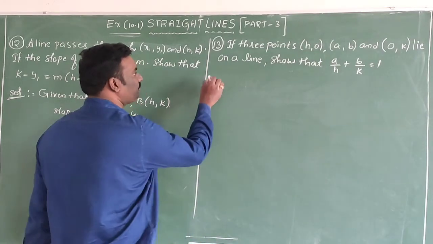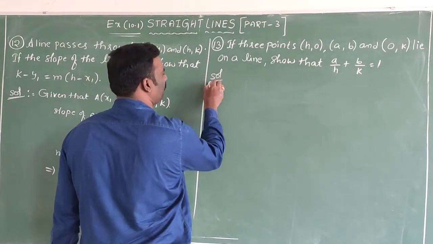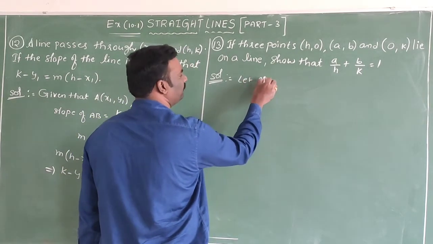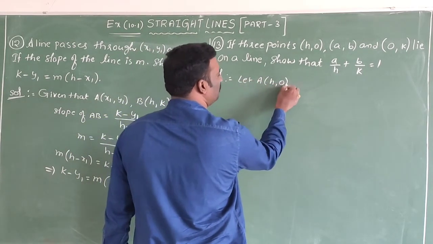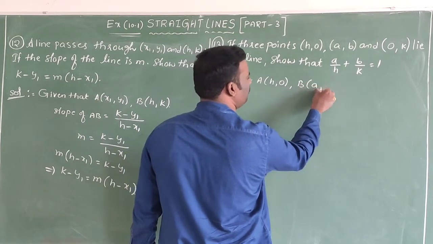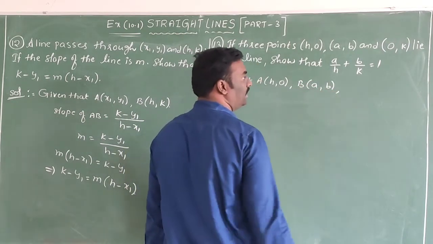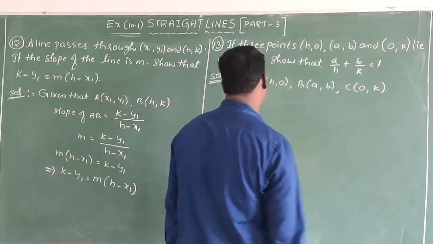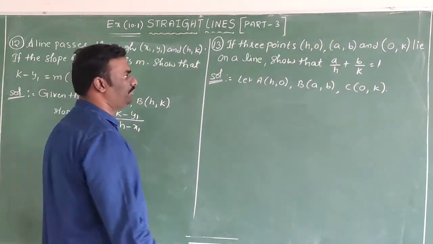First, let the first point be A, the next point be B, the next point be C. Okay.